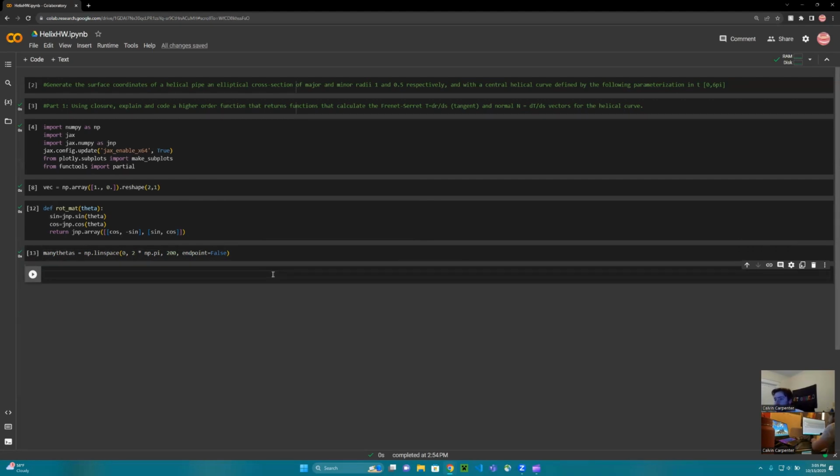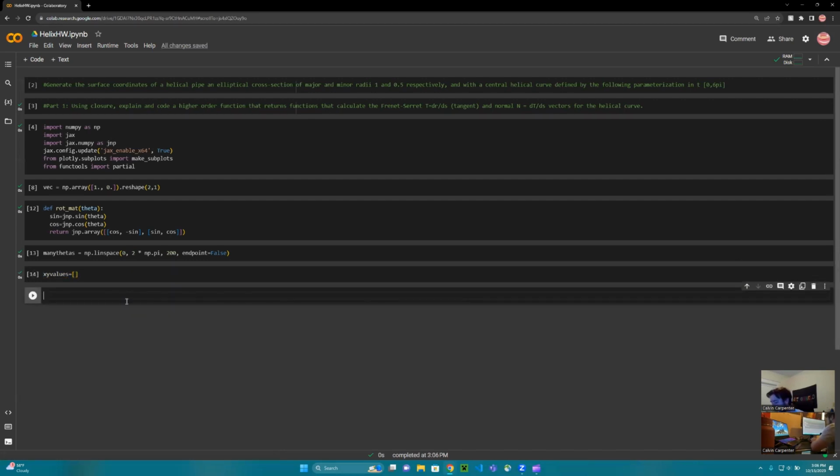So now we're going to create basically our storage system. XY values is equal to that. And now we're going to create a for loop for each rotation.